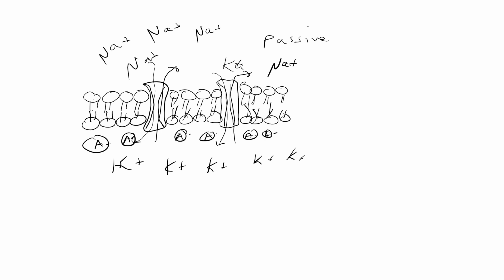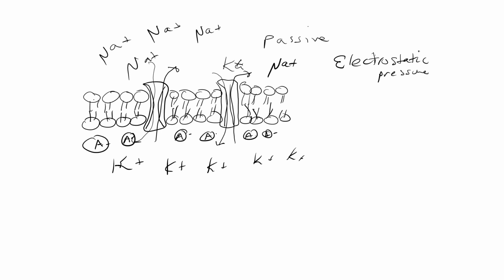So one of the reasons why the sodium may want to move into the cell, and why our potassium might want to move out of the cell through these passive channels is, let's see, almost erased the whole thing again. Electrostatic pressure.